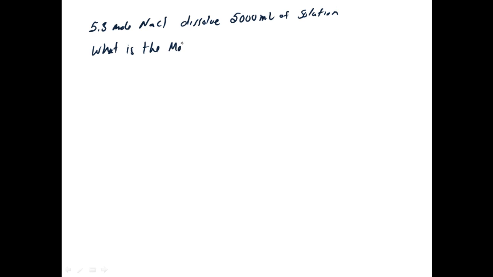If somebody says that I have 5.3 moles of sodium chloride, and I dissolve that in 5,000 milliliters of solution, what is the molarity? What is the molarity of the solution?